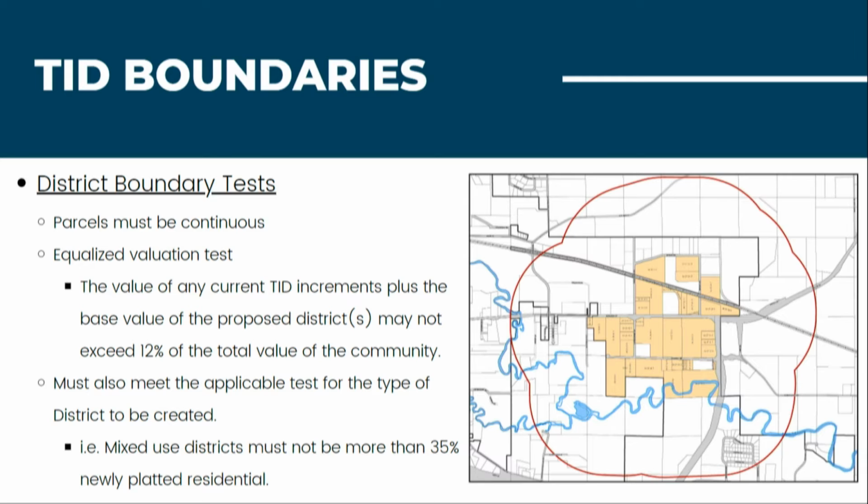So you might say, okay, we've talked about River North. Why not just create that TID boundary around the exact River North area? Well, it's because 65% of it has to be not newly platted residential. So this is actually a map of what will be proposed in a couple weeks as far as a TID boundary for TID 11.